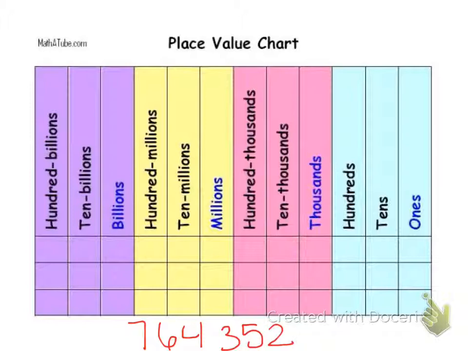If I'm looking at, let's say, the 4, its digit is 4, but its value is 4,000 because it is in the thousands place. How do I know? I count its spots. So 1, 2, 3, 4. Now if I go to my place value chart, I can count there. 1, 2, 3, 4. Or I can write it. 4,000.